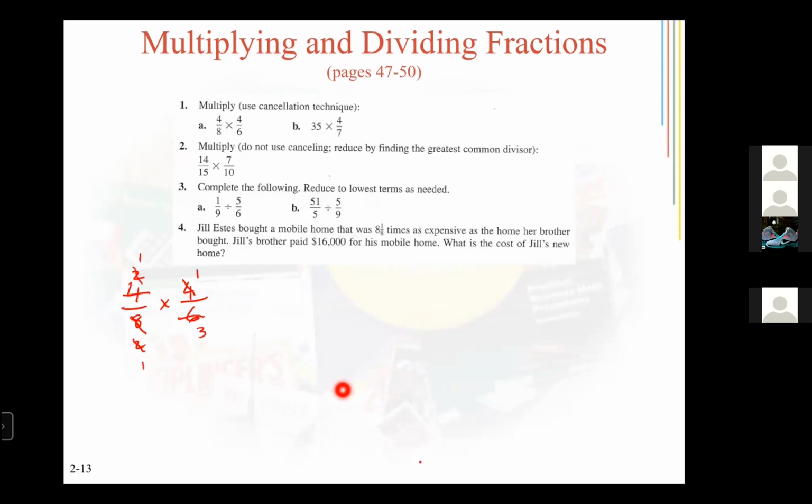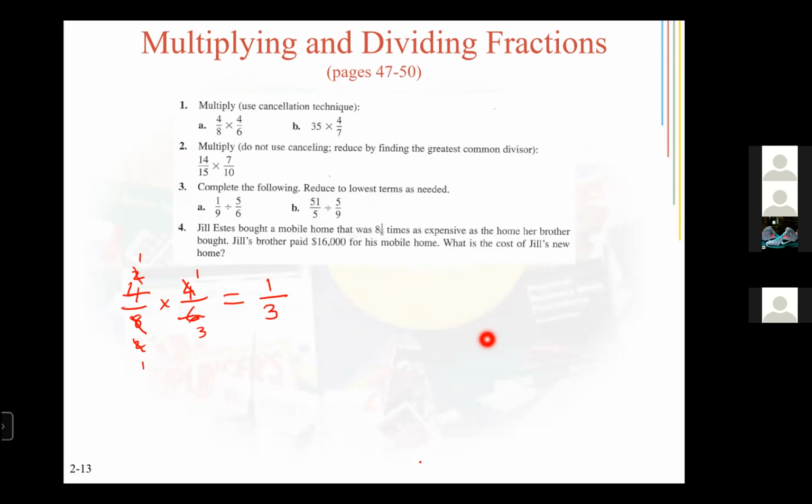So there's nothing else we could do. So our answer then would be, what's our answer now? After all that canceling. 1 over 3. 1 times 1 and 1 times 3 gives you 1 over 3.